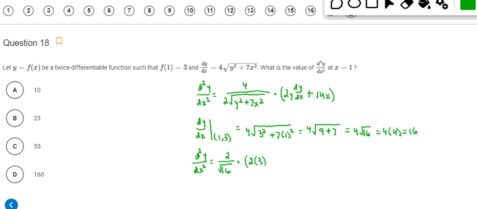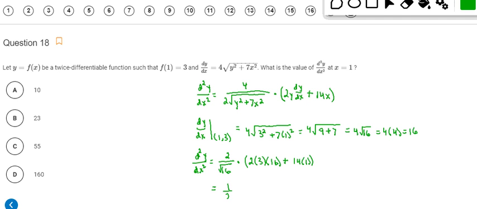And we've already calculated that dy dx at the point 1, 3 is 16. Plus, and we have 14 times 1. So that's going to equal 2 divided by square root of 16, 2/4.